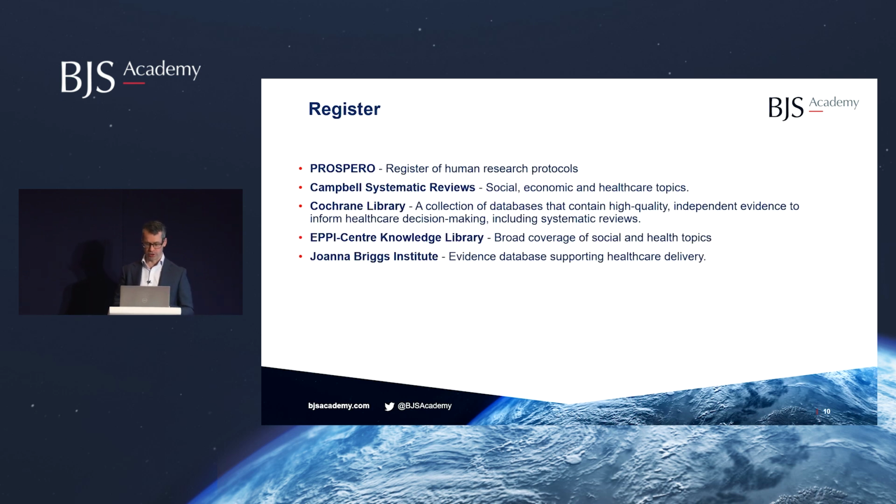In brief, I've spoken about Prospero as one of the registers of human research protocols, but there are several others, and the other obvious one amongst them is Cochrane. The Cochrane Library, as I remember it, provides systematic reviews of randomized trials of medical interventions.